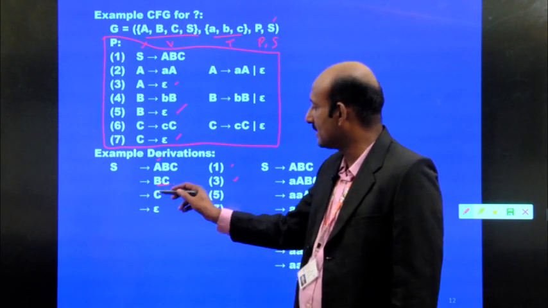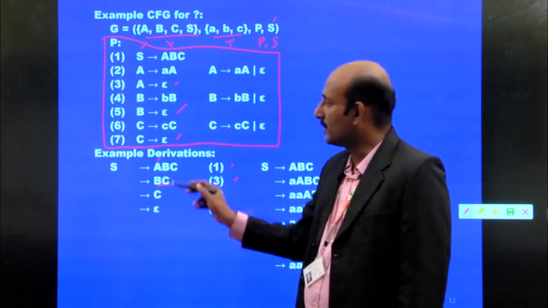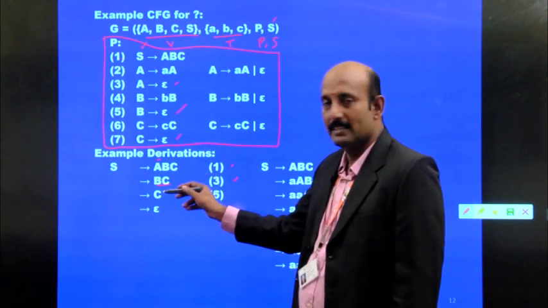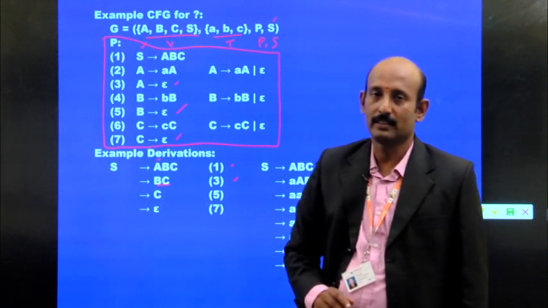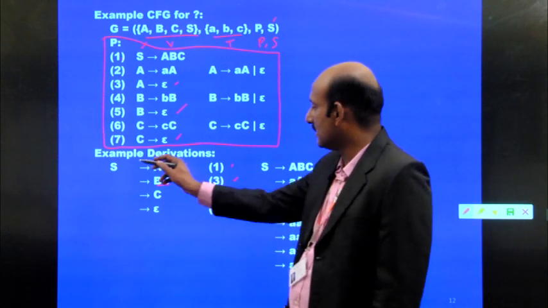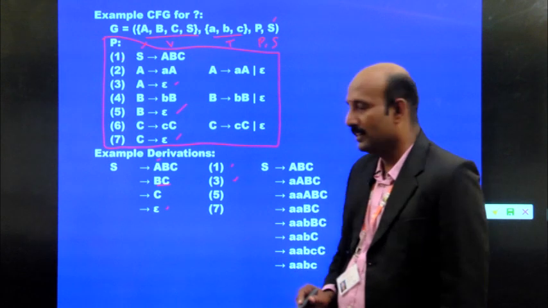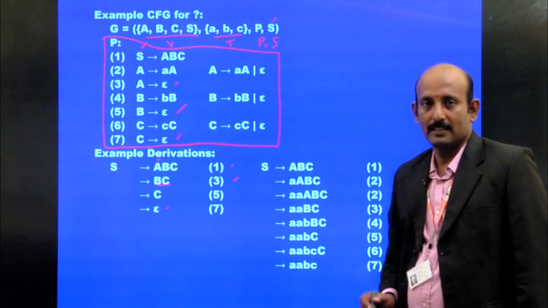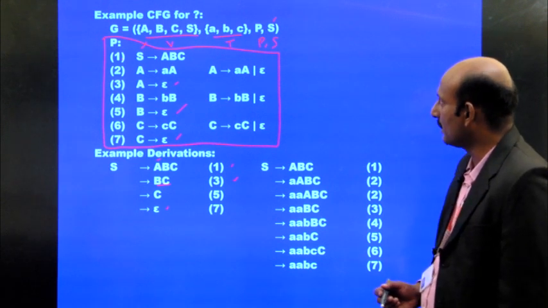In the next step B is reduced to epsilon, that is empty. Now, C is reduced into epsilon. So, S generates epsilon, that is the first string, epsilon.